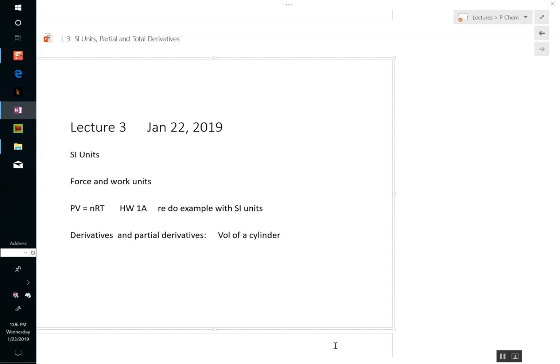So pressure, oftentimes we were talking about atmospheres, and now we're shifting on into kilopascals for pressure, and there's a relationship between joules and pascals that kind of flow out of these units.